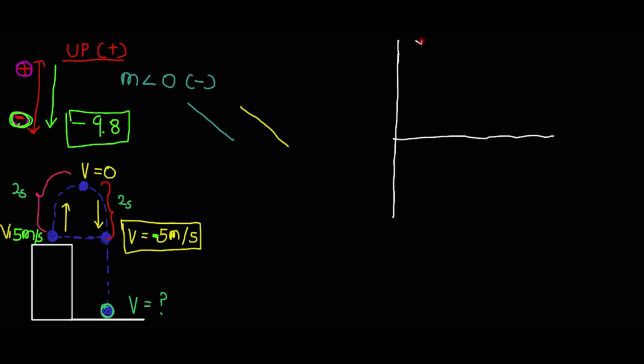This is y-axis and then more x-axis. Always on your y-axis on your velocity in meters per second, and then on your x-axis on a time in seconds.